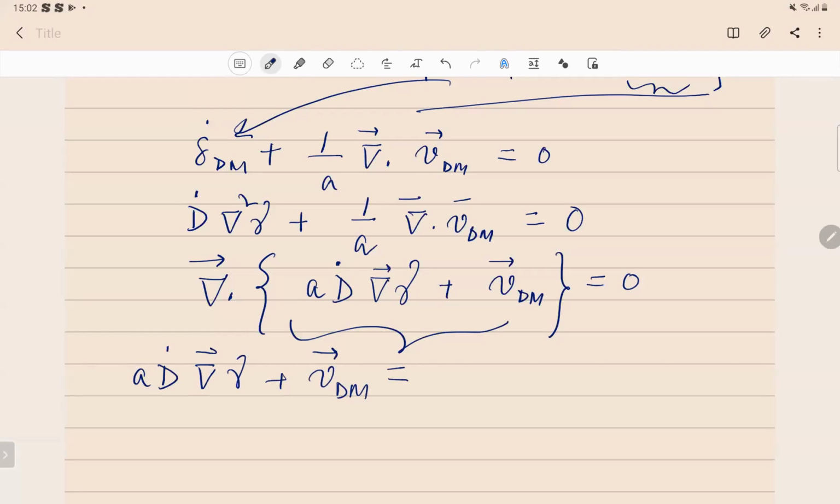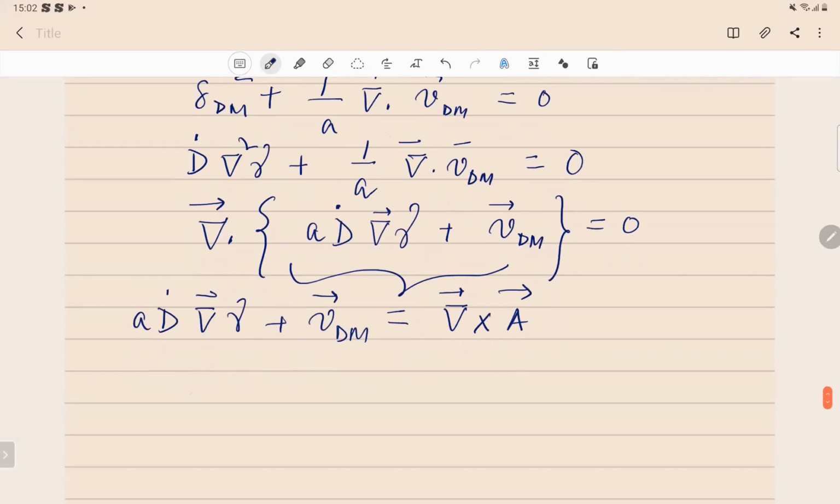This must be equal to the curl of some vector field A, and which in other words means that V dark matter can be now written as minus A D dot gradient of gamma plus curl of A.